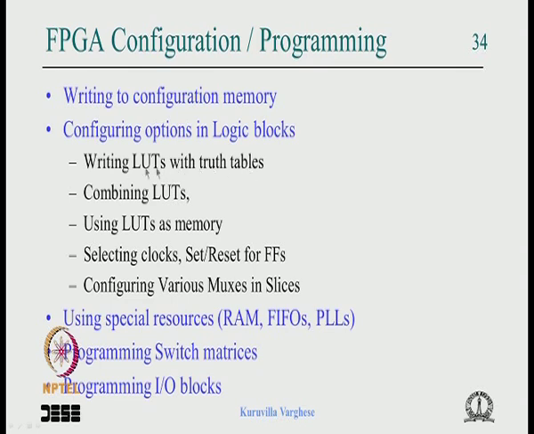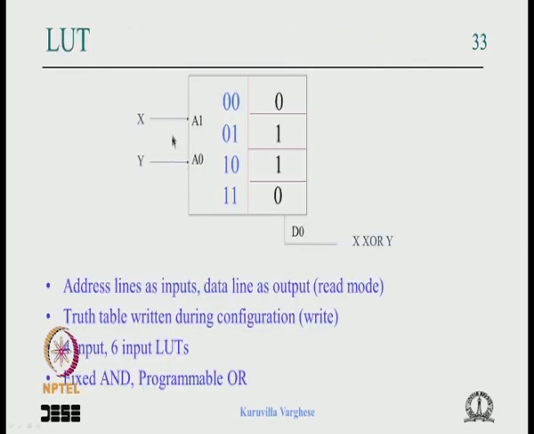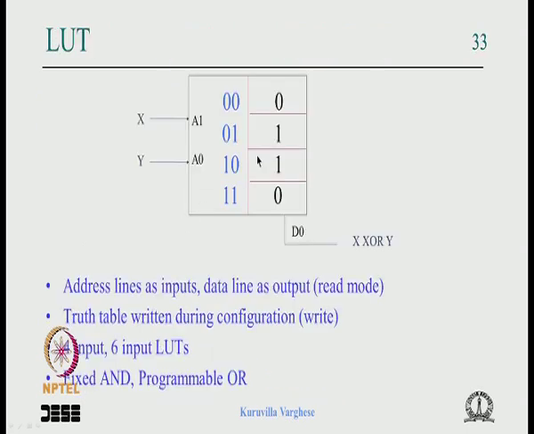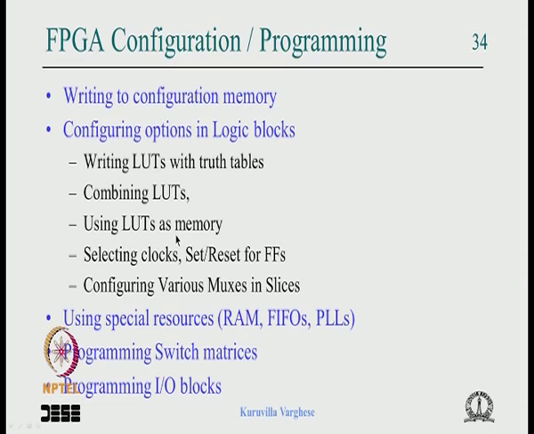One is writing the lookup table with the truth table, when you are using the lookup table as a Boolean logic implementation. Sometimes you need more inputs for a lookup table, then you can combine lookup tables, and that needs some additional circuitry to be configured. That is also done through the configuration. The lookup table is nothing but a memory. So we are using the memory as a combinational logic implementation, but you could also use it as a memory if it is not being used to implement logic. We will discuss that.